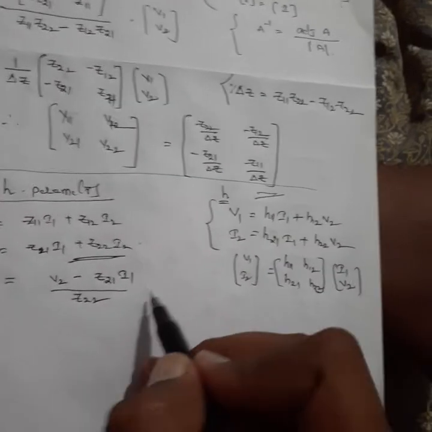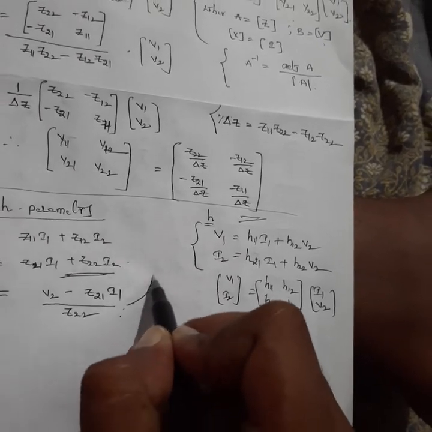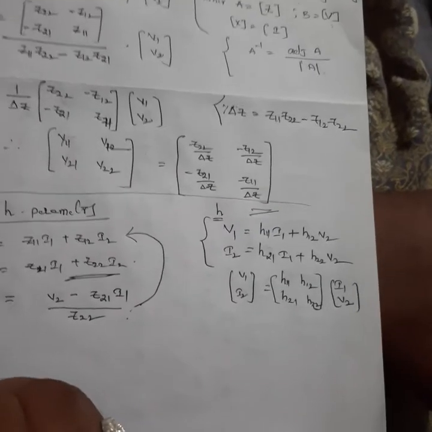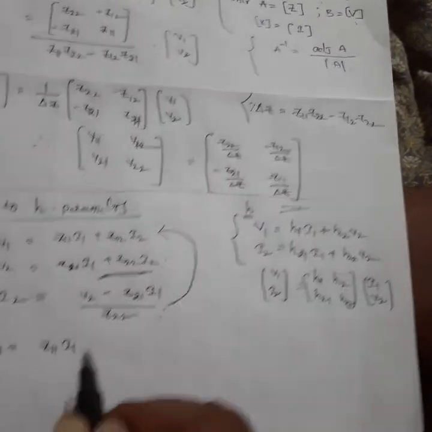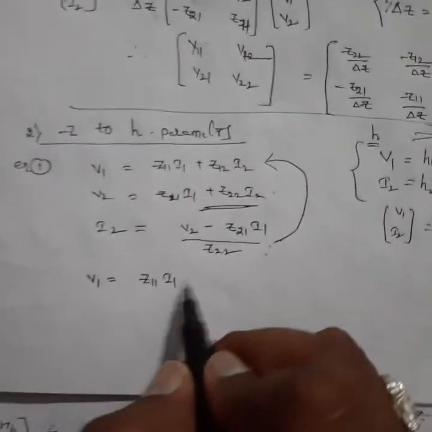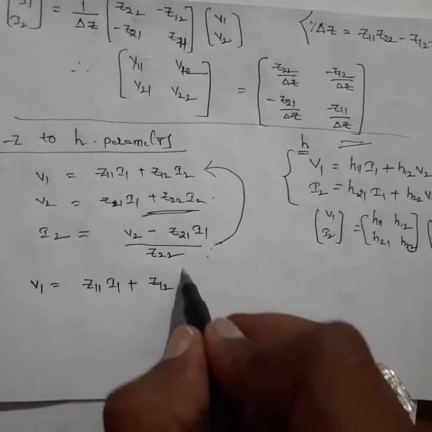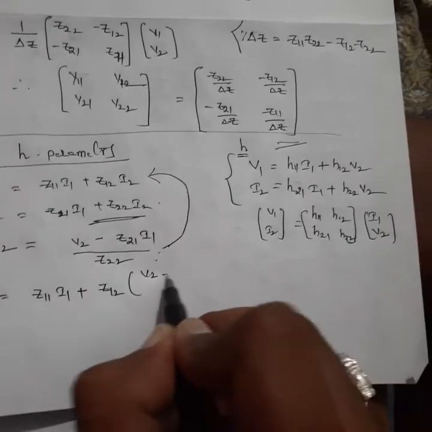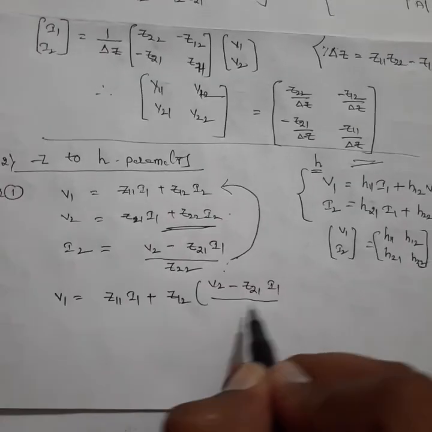Substituting this value here, v1 equals z11 i1 plus z12 i2, which equals z11 i1 plus z12 times (v2 minus z21 i1) by z22.